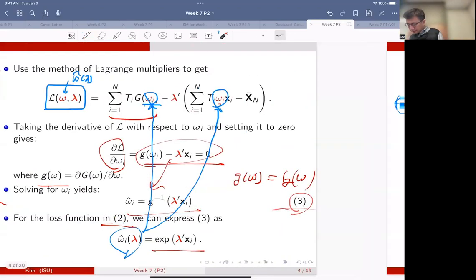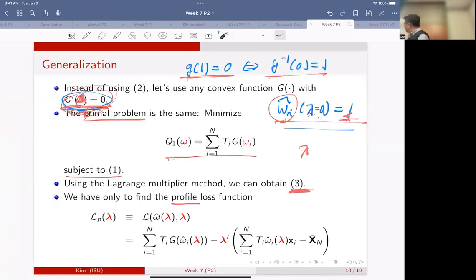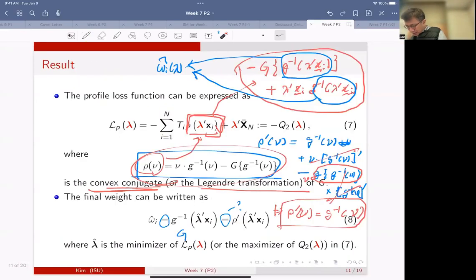And then plug into the Lagrange multiplier and obtain an objective function of lambda. Then the profile loss function can be expressed as this.